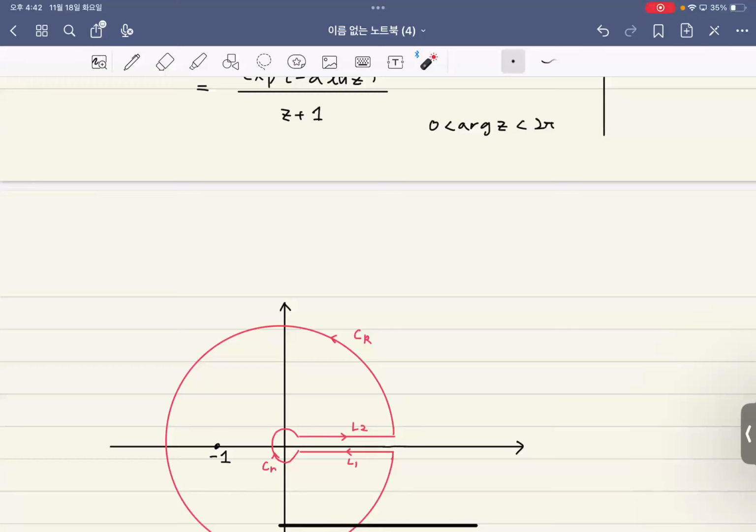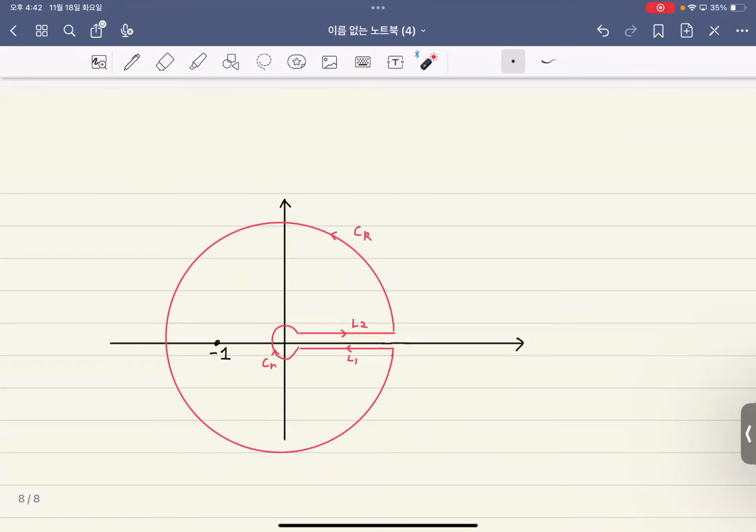And also, you will need to see that the integral around this curve is tending to 0 as R goes to infinity, and this one is tending to 0 as r goes to 0, right?